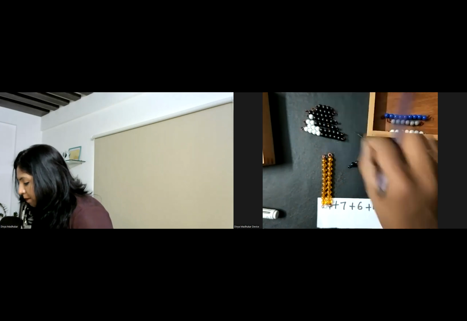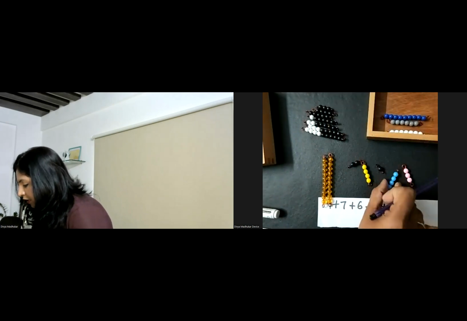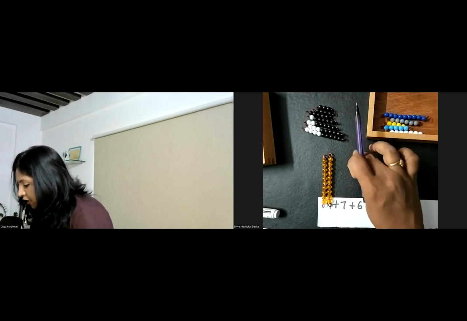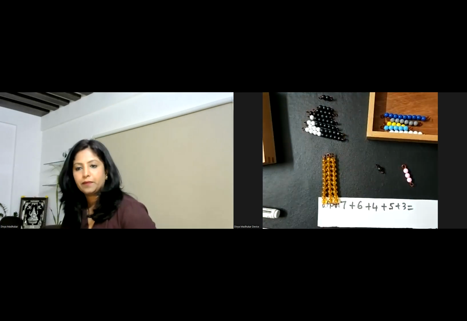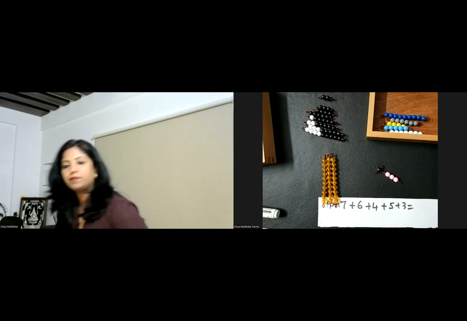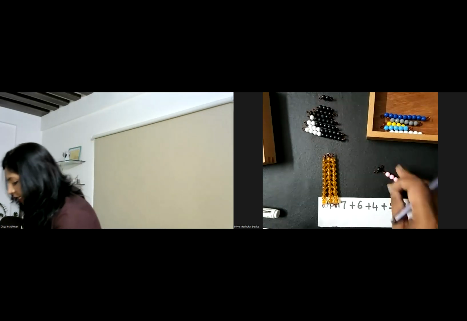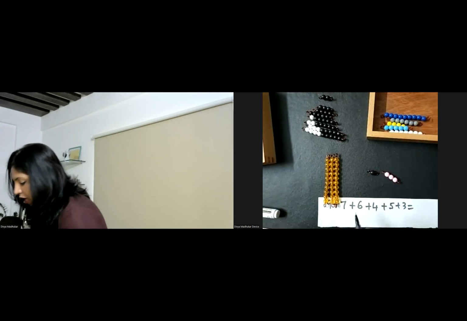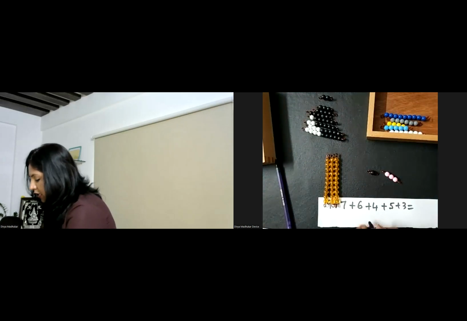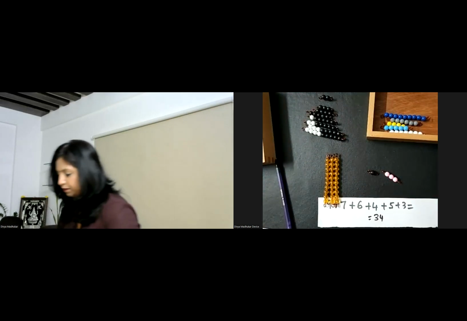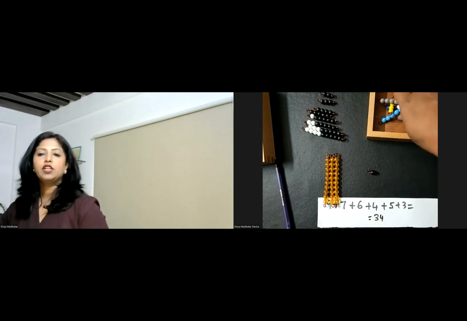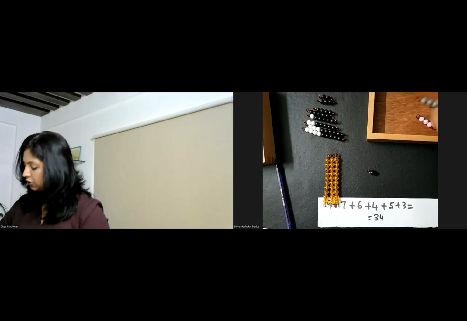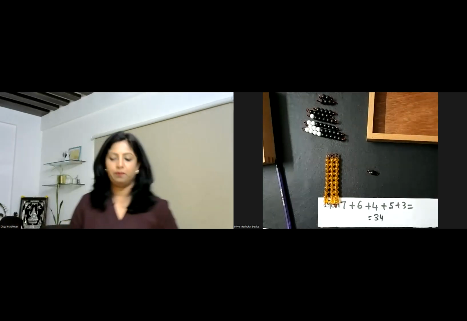So I have to keep back 1 here. These 2 will go back. The 2 would go and the bar would come. Now what is the count? 4 of them, right? So your answer is 34.